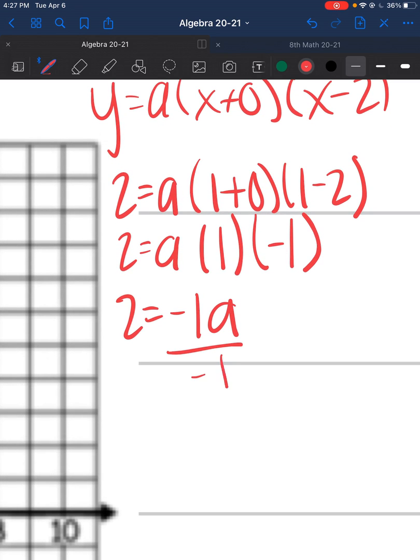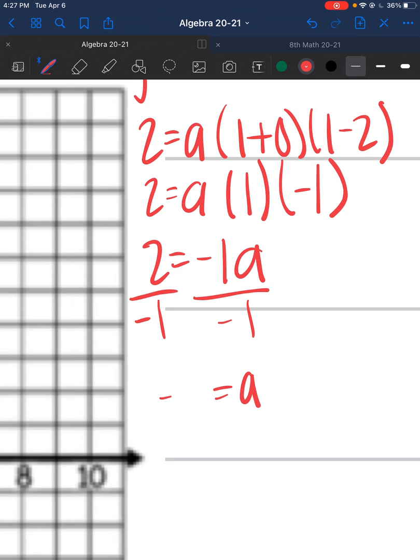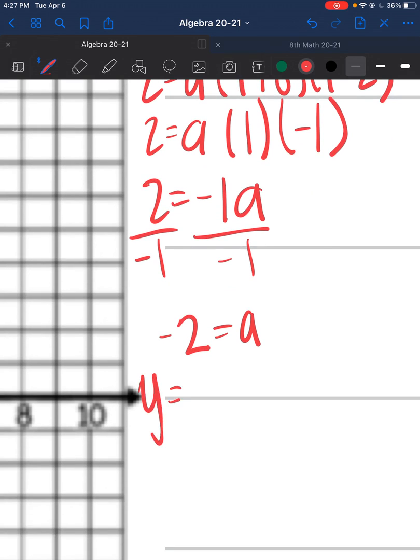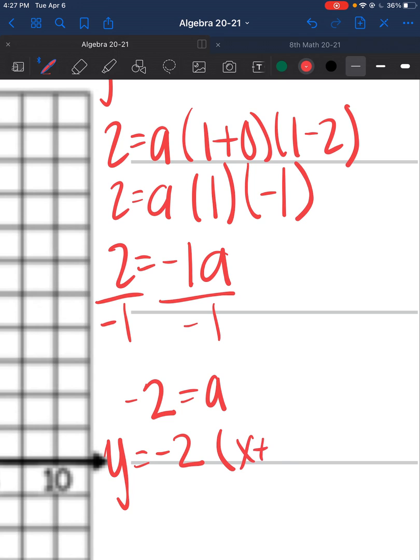So we're going to get rid of that negative 1 by dividing. So a equals negative 2. So I'm going to rewrite this equation as y equals negative 2 instead of a, and then go back up to the top, x plus 0 and x minus 2.